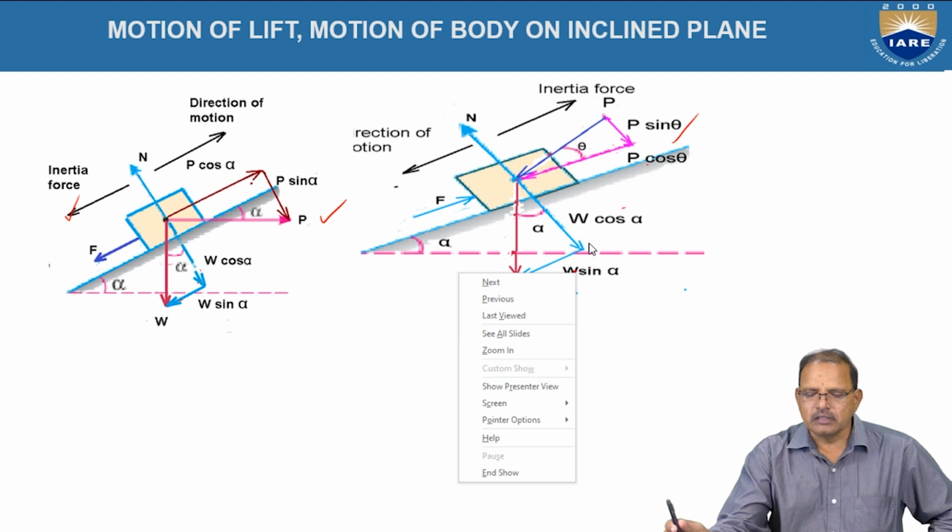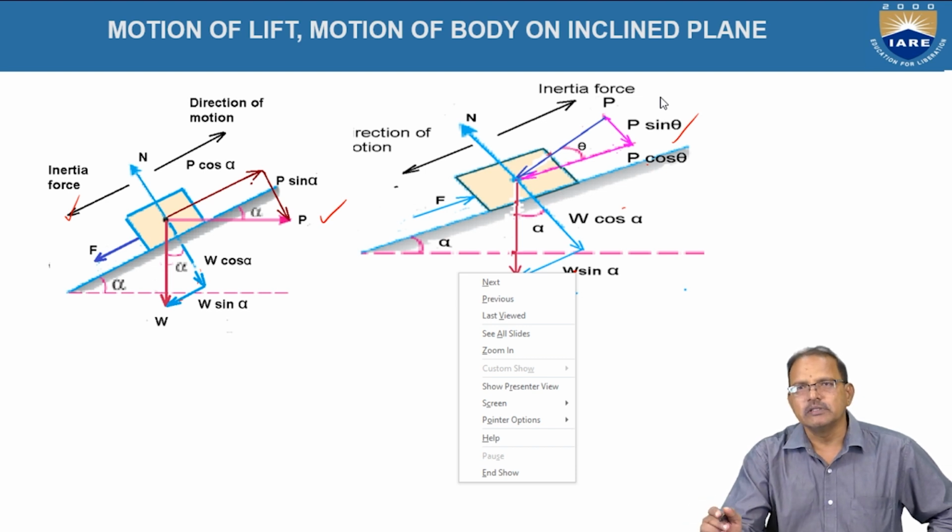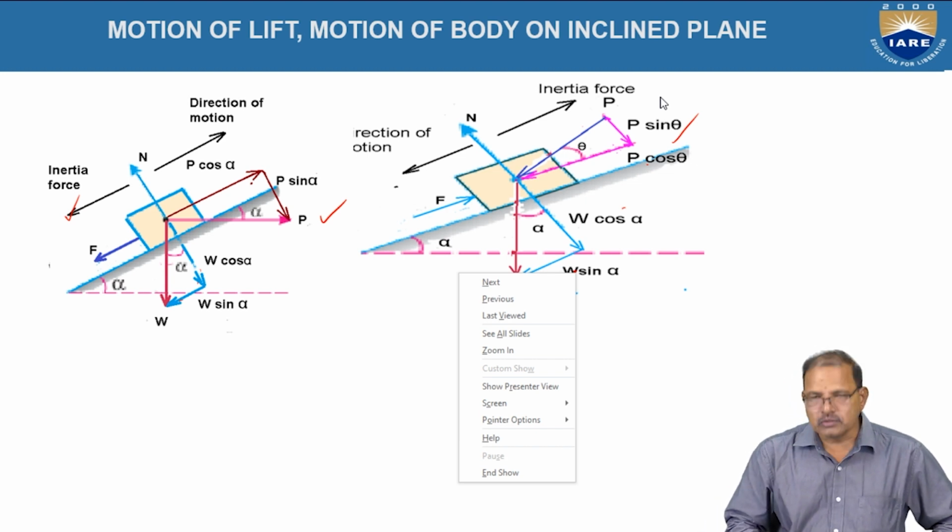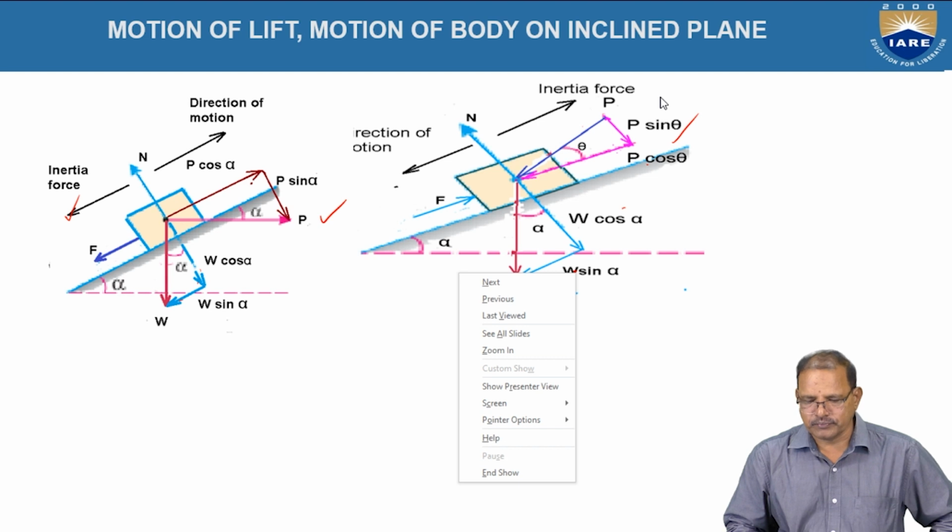Since the body tends to move downward according to the problem, the inertia force acts upward. Applying D'Alembert's principle again, the resultant of the system of forces with the inertia force must be in equilibrium, that is, the resultant of all forces must equal 0. We can determine the value of P required to move the body up the plane. Here, for this one, down the plane.